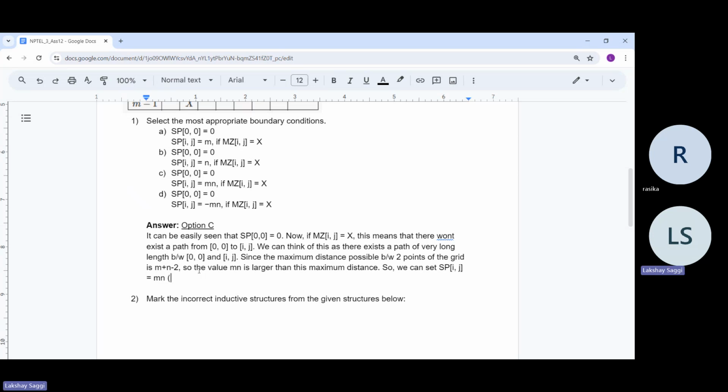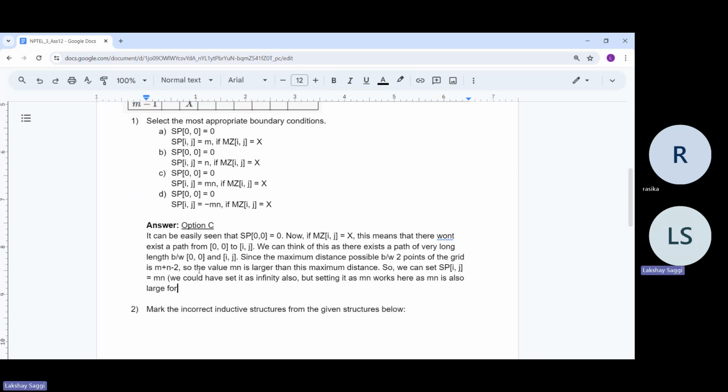Effectively we could have set it as infinity also. But setting it as Mn works here, as Mn is also large for a specific problem.